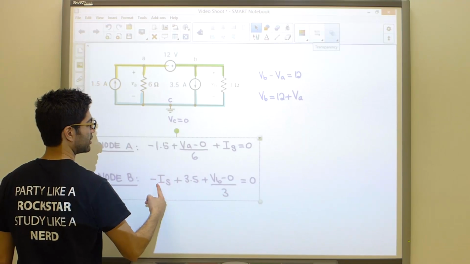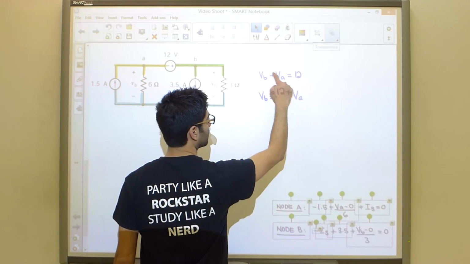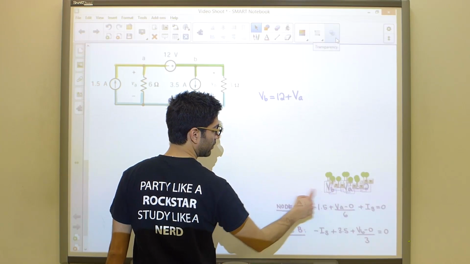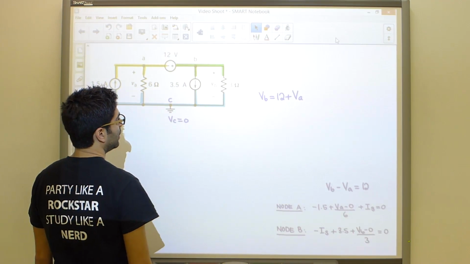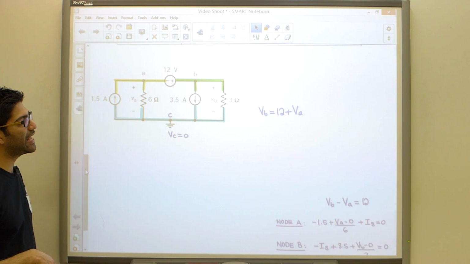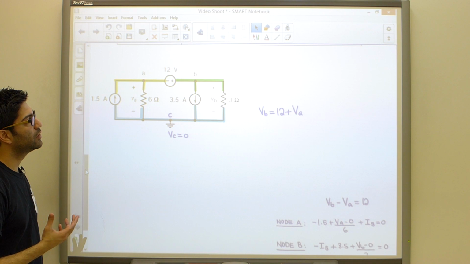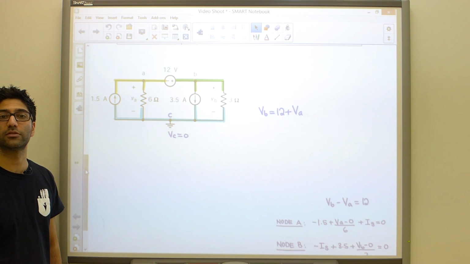I'm going to put these equations away for now. So these are the 3 equations we had. Now what the supernode does is that it is going to engulf the voltage source that causes problems.